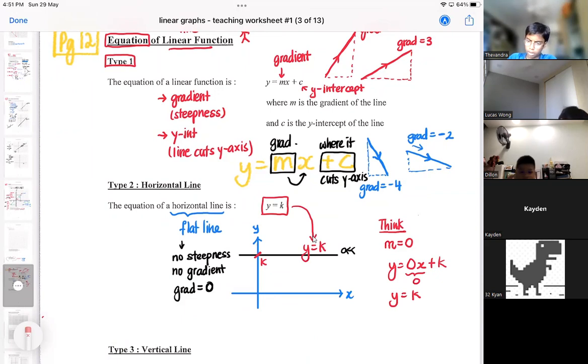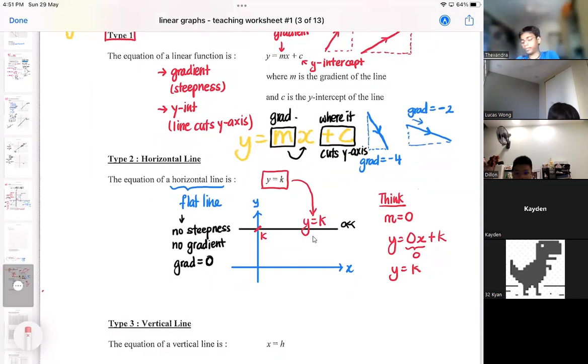So for a horizontal line, the name is dependent on where it cuts the y-axis because the gradient is 0. A horizontal line is like you sleeping. So this is the second type of linear function. This second type has zero gradient. There is no steepness at all.